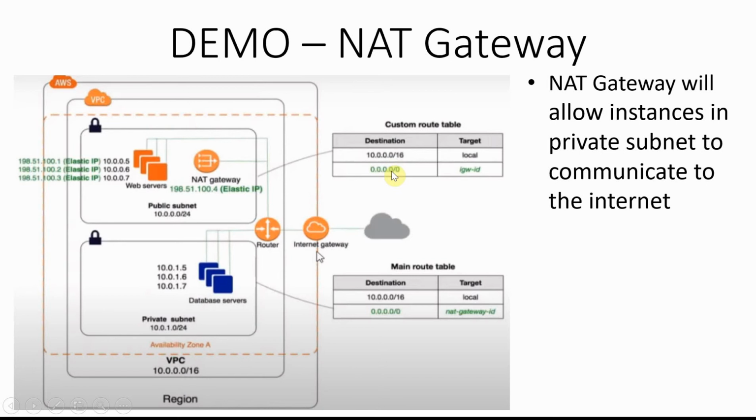You specify 0.0.0.0, which means all IPs can talk to the IGW, the internet gateway. If you define that, then this subnet will have internet facility. That is how you link the public subnet to the internet gateway. This entry links these two to get the internet.